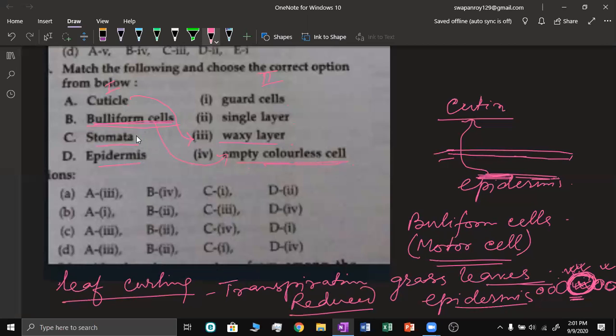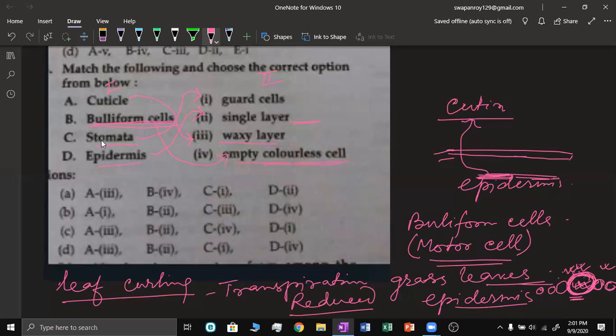Stomata will match with the guard cell. Epidermis is usually single layered; double layered epidermis is of course found in some xerophytic plants, but usually the epidermis is a single outermost layer.